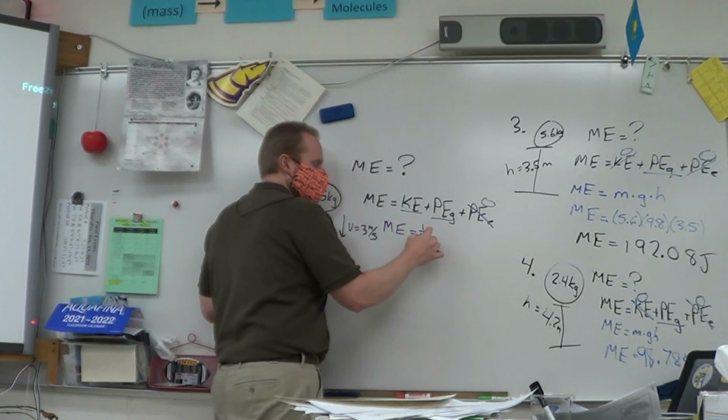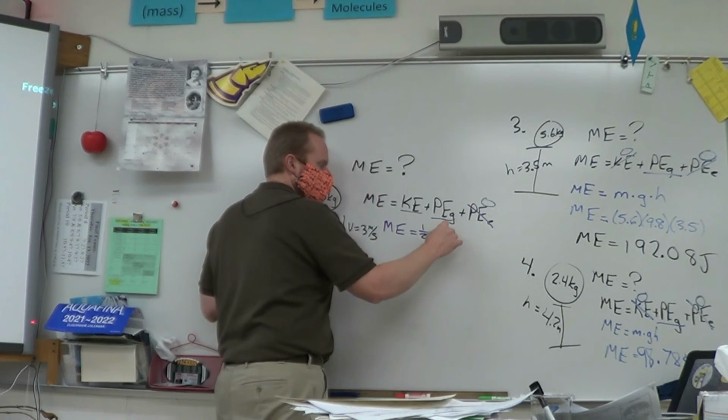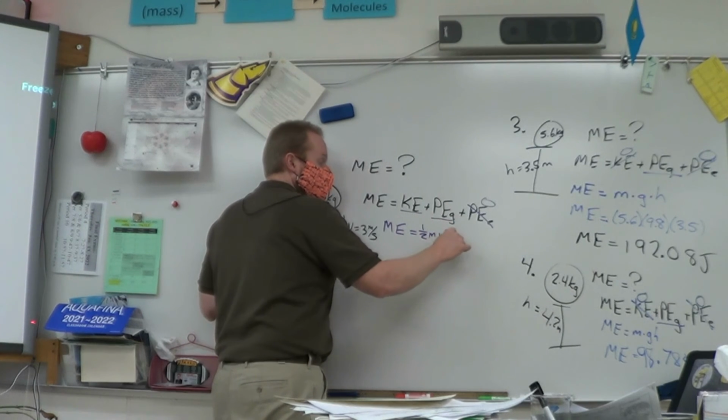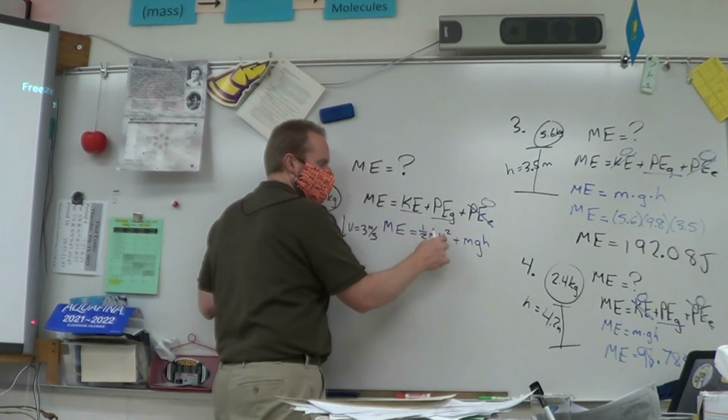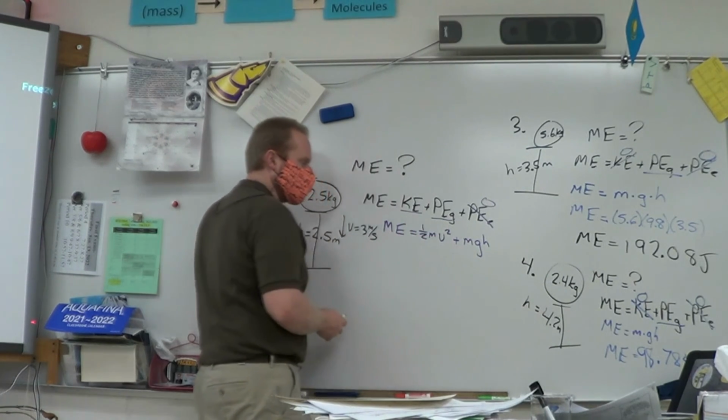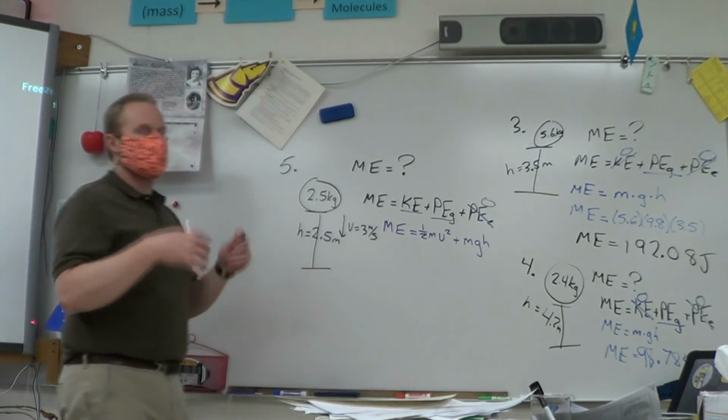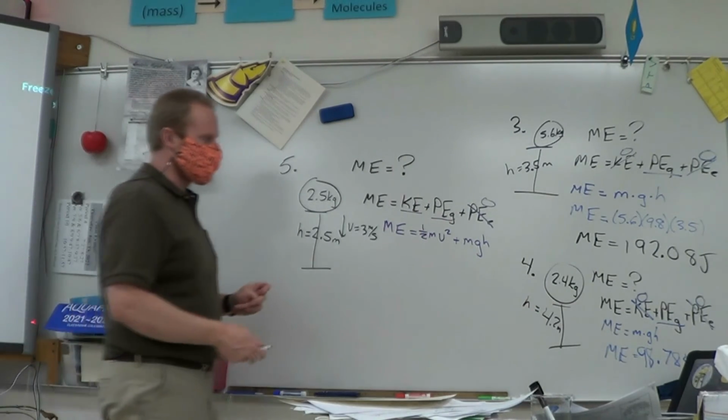So my KE is 1/2 mv squared. My PEG is m times g times h, and we have to add those two values together. Order of operations, do the multiplication before you do the additions, just to be clear.